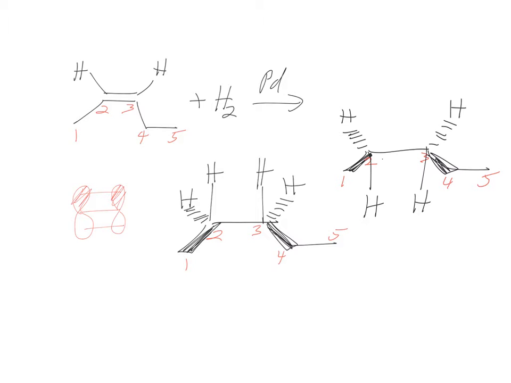Now another layer that they could add to this, which is not the case here, is when you turn something from an sp2 hybridized carbon, carbon 2, into sp3, potentially that could become what? A chiral asymmetric center. Potentially that could happen. Is that the case here? Did either of them become asymmetric centers? No, why not?